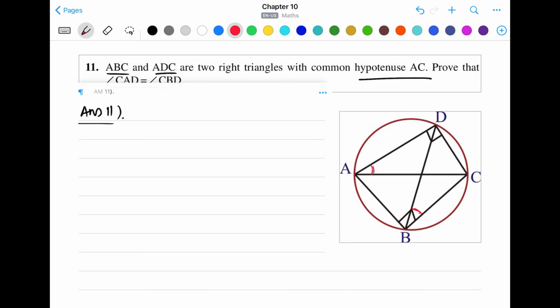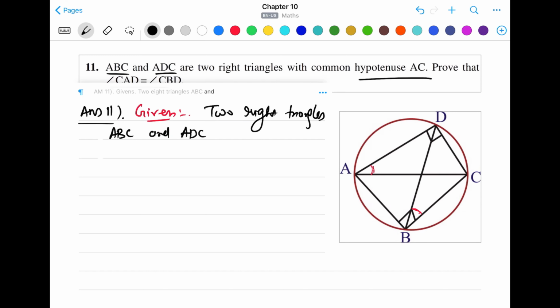Answer number 11. First we'll write the given part. Given here are two right triangles ABC and ADC with common hypotenuse AC.